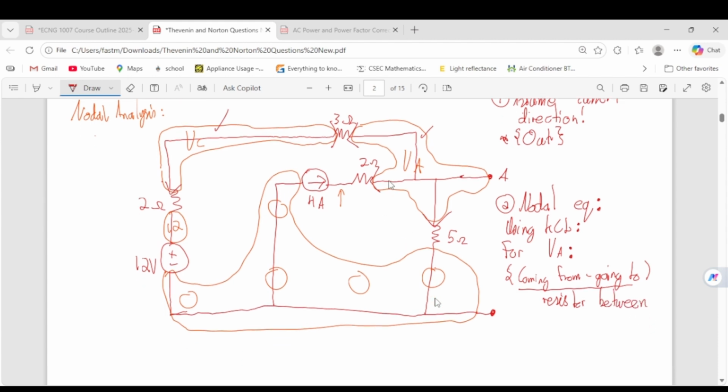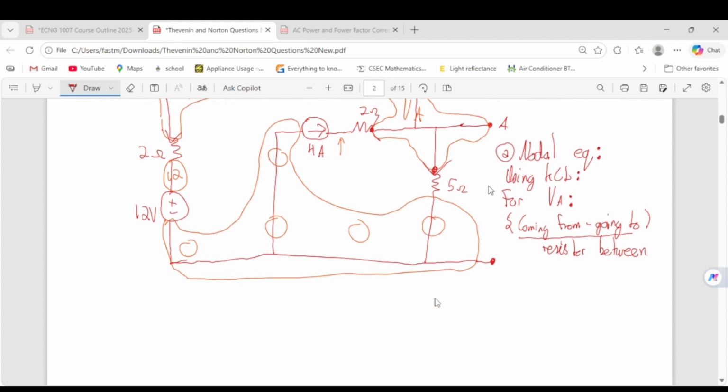So if we're doing the VA node, we have this endpoint here, this endpoint here, and this endpoint here. This one doesn't have anything else because it's an open circuit, right? So for VA, we basically will have this one here.